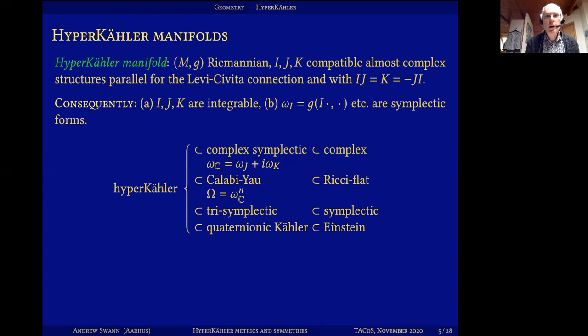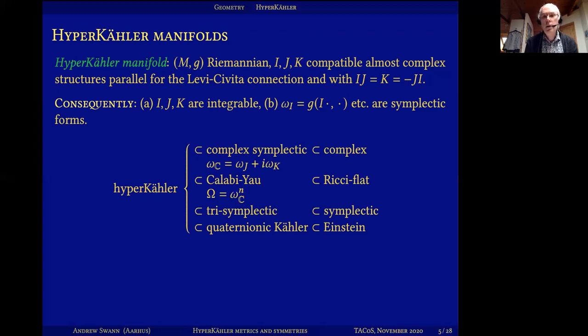If I raise omega C to an appropriate power, it becomes a complex volume form on the manifold. So the geometry is a special case of Calabi-Yau geometry, with holonomy contained in SU(2n).